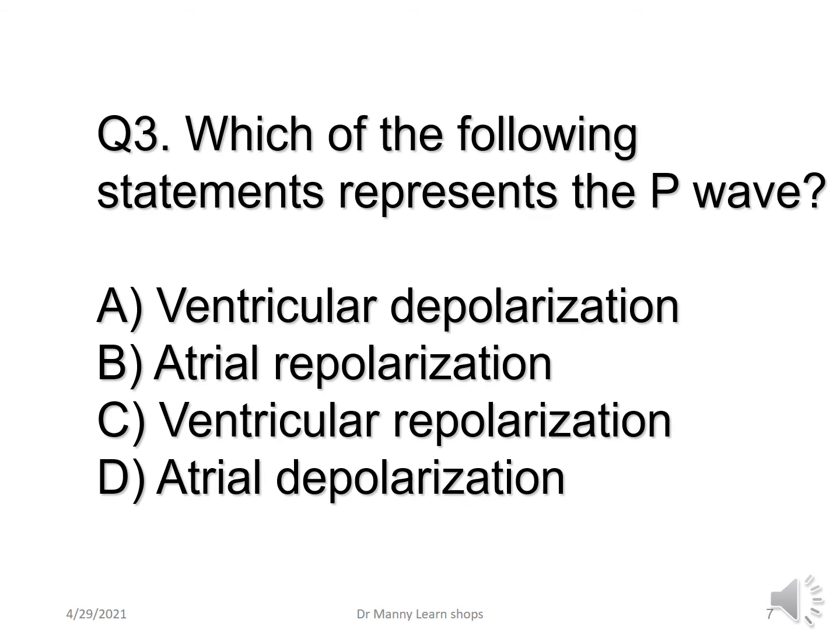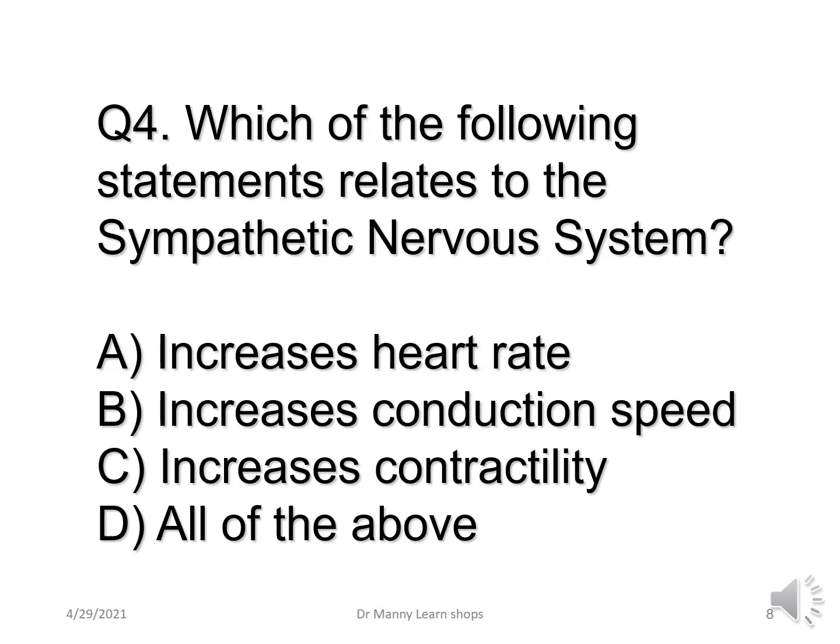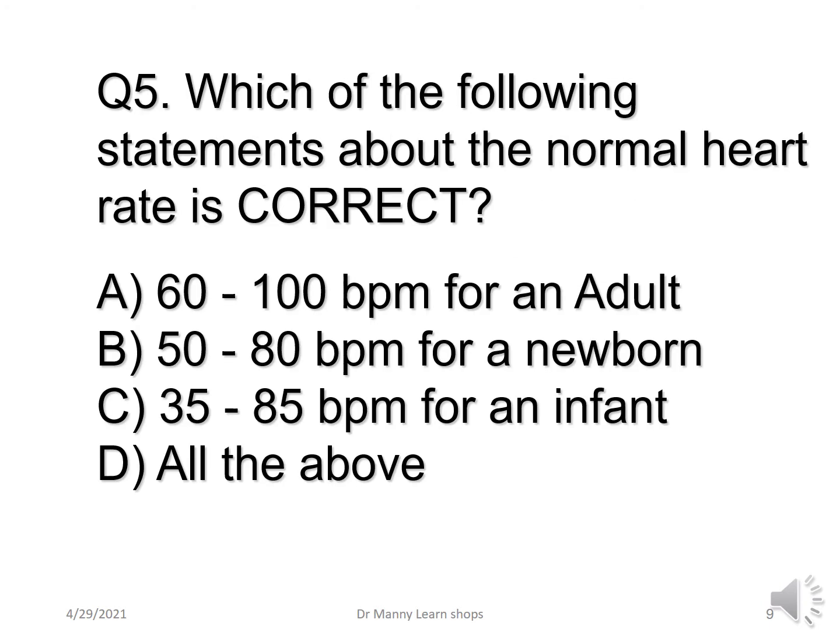A, B, C or D? The correct answer is atrial depolarization, D. Which of the following statements relates to the sympathetic nervous system? A, B, C or D? The correct answer is all of the above again.